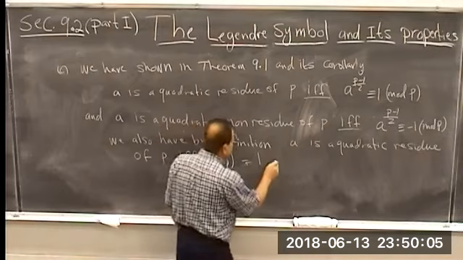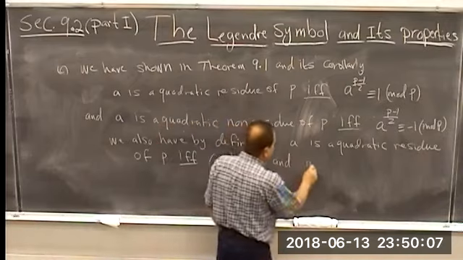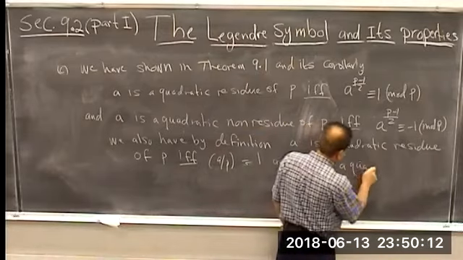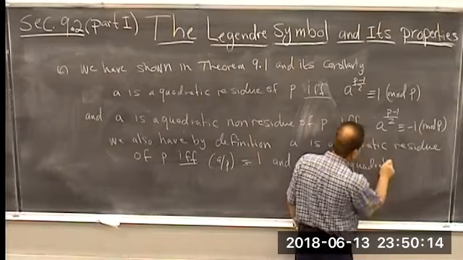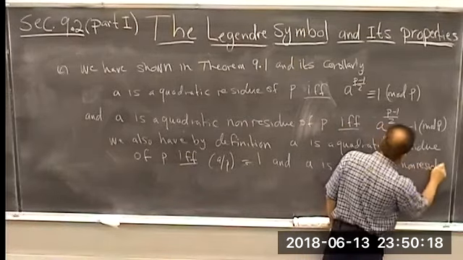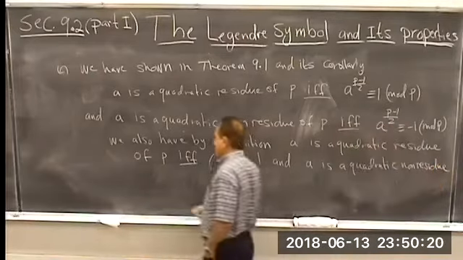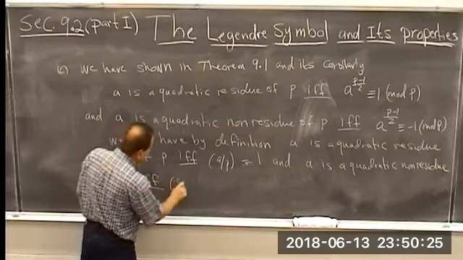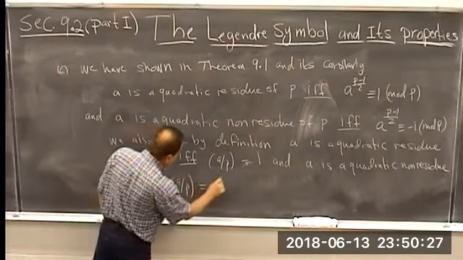And A is a quadratic non-residue if and only if (A/P) is equal to negative 1.